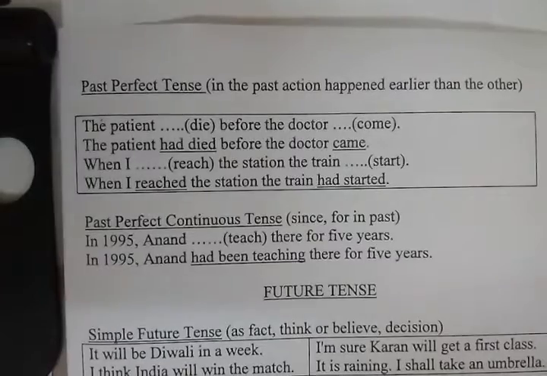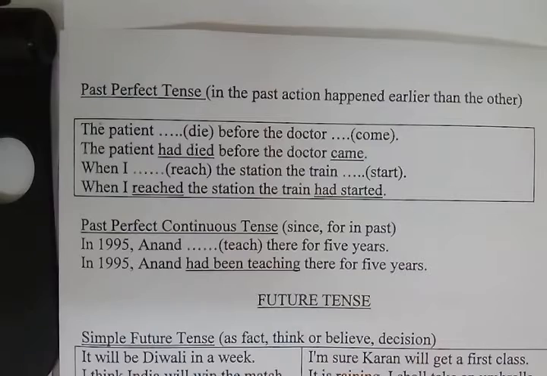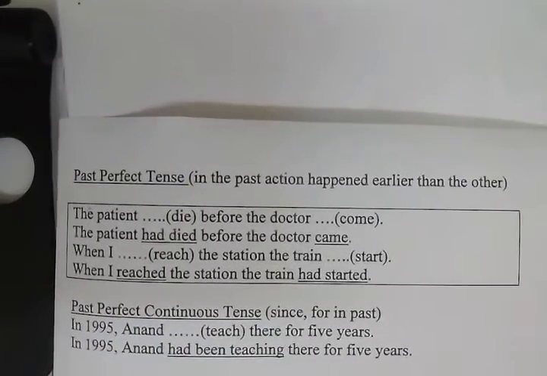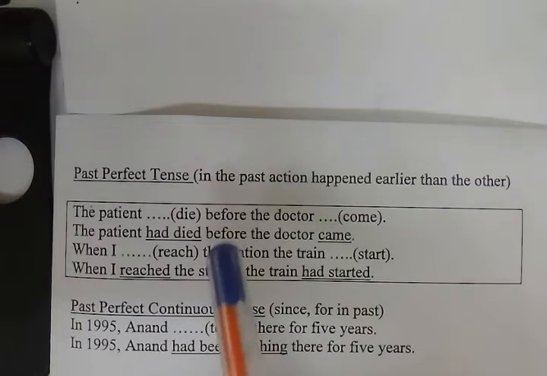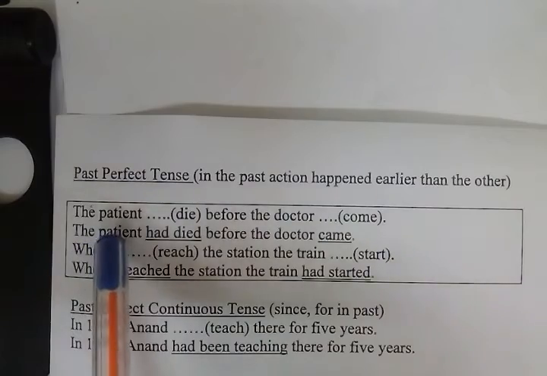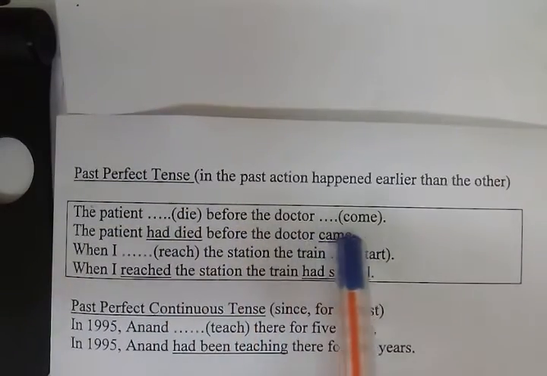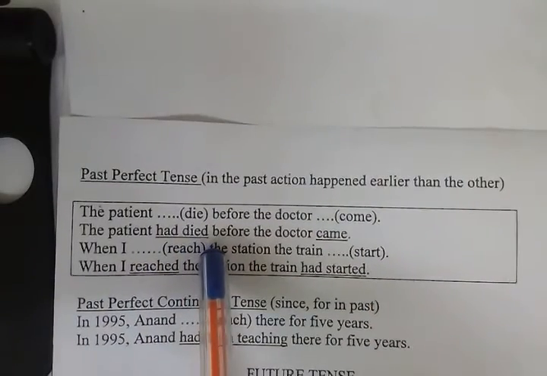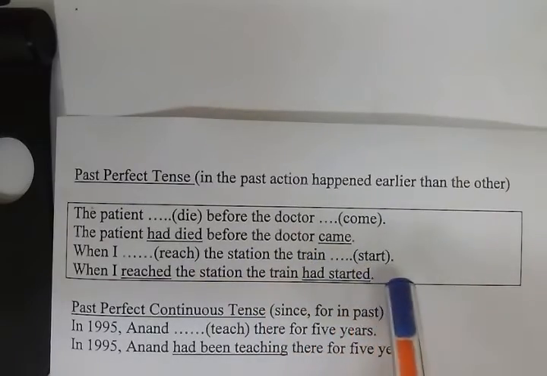In past perfect tense, there are two events, and the first event has happened earlier than the second. So look at this sentence. The patient died before the doctor came. So the patient had died, we will fill had died before the doctor came.